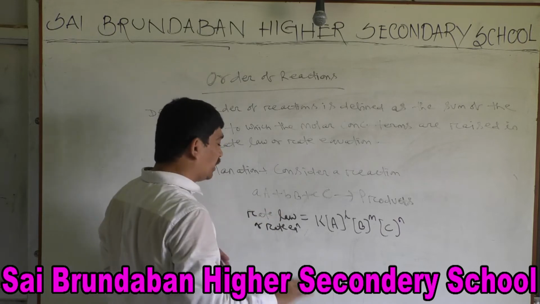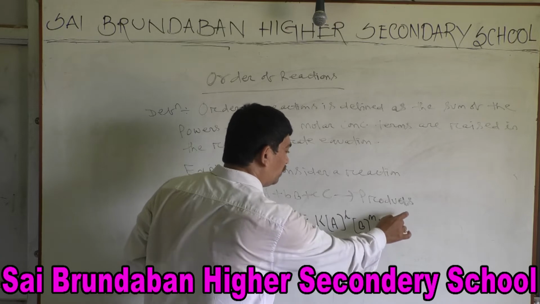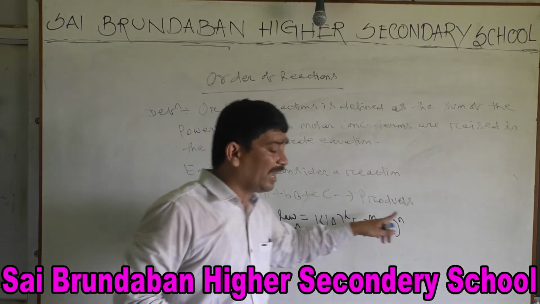But for this reaction, the rate law is K equal to A to the power L, B to the power M, C to the power N. So what are L, M and N?